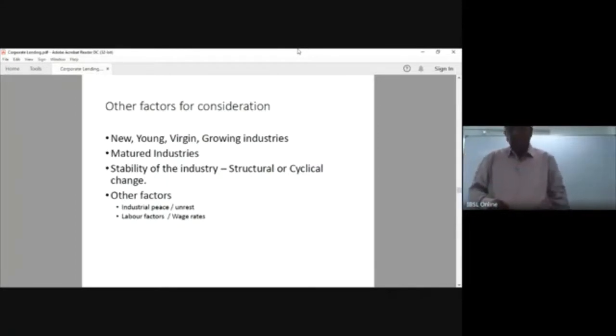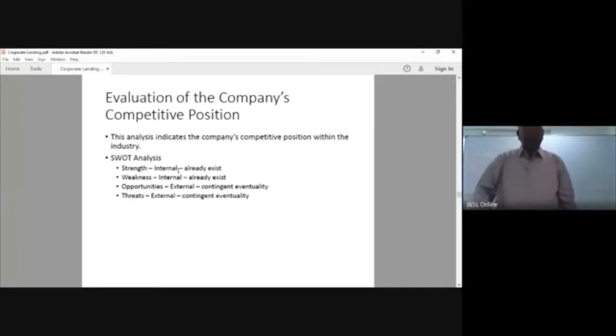Right. Now we move on to evaluation of the company's competitive position. Now we have seen the industry competition and whether the industry is matured, young or virgin. Okay, we have seen that one. Now within the industry, the company's competitive position. How is your customer within the industry?